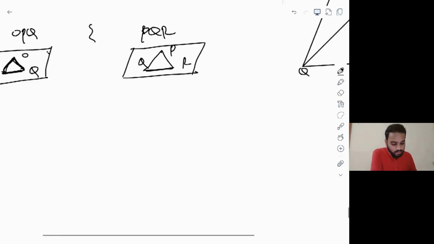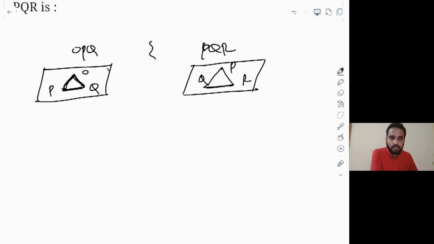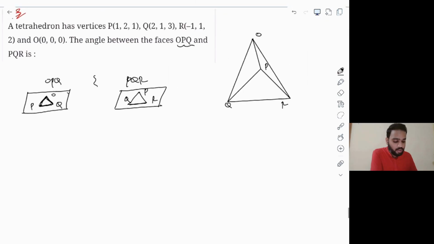So look at the diagram here. This first plane is containing OPQ plane and the second plane is containing PQR plane. Now, if you had to find out the angle between the two faces containing OPQ and PQR, indirectly, you just need to calculate the angle between these two planes. Okay, so what do you need to calculate? Just the angle between the two planes. Now, how do you find out the angle between two planes?